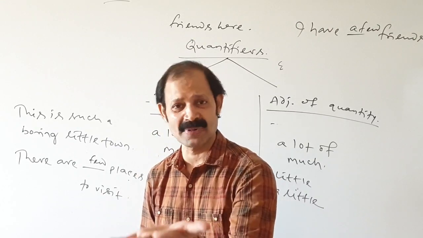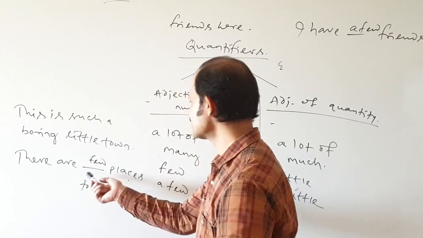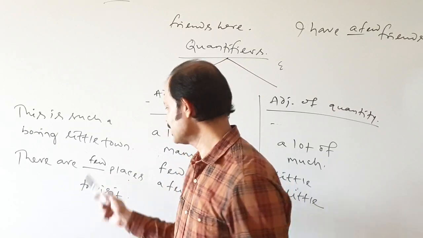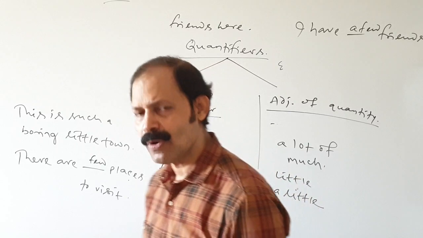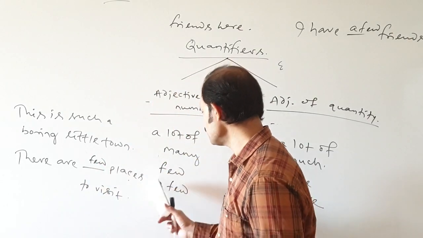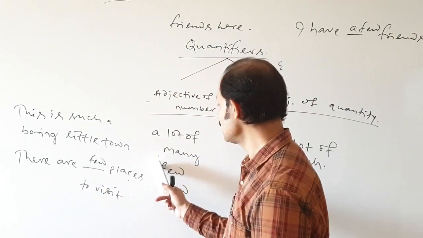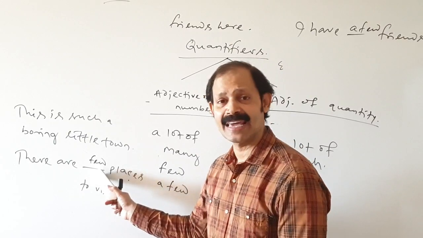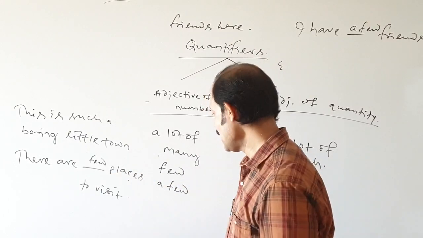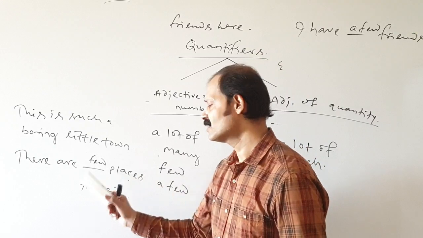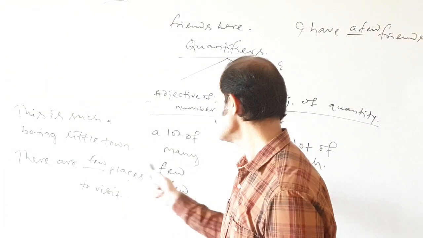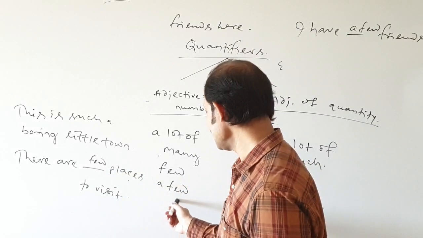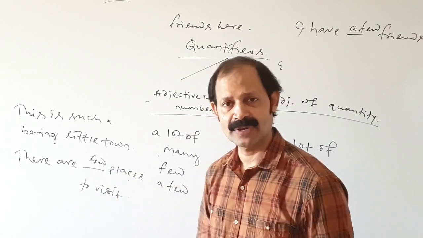Definitely such places will be there. But because he is telling everything in a negative way, he used few. So if you are to select from few or a few, you have to select few if you are telling everything in a negative way, and a few if it is told in a positive way. So few means negative aspect, a few means positive aspect.